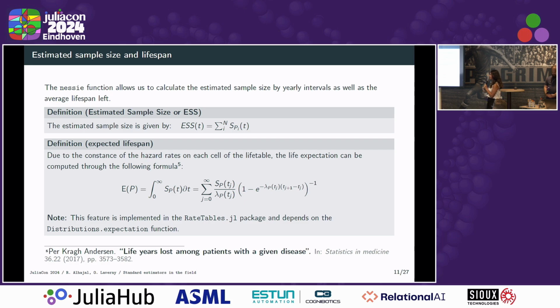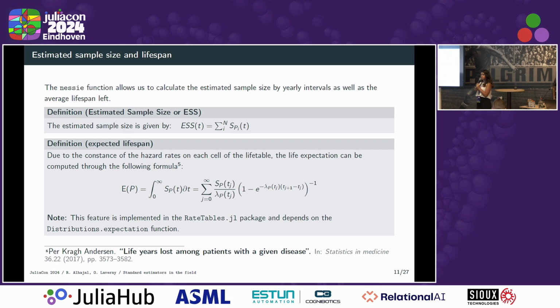And lastly, an important functionality in the package is the NESI function, which allows us to estimate the sample size in yearly intervals, and it's given by the sum of the populational survival function. And the expected lifespan as well, so how many years are left on average for a certain group of people, which is given by the constants of the hazard rates in the mortality tables.